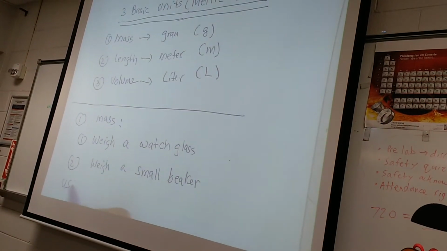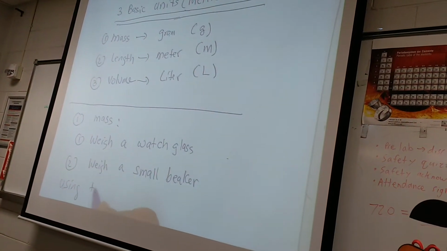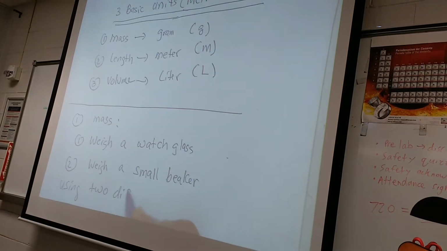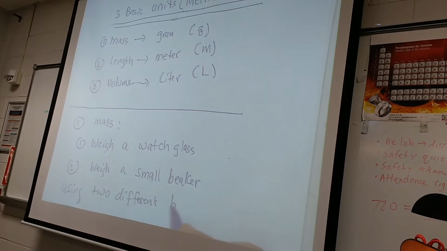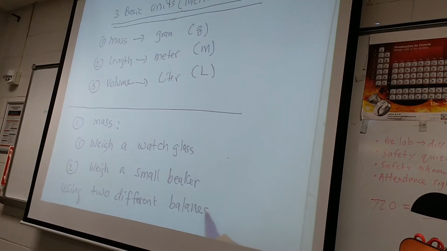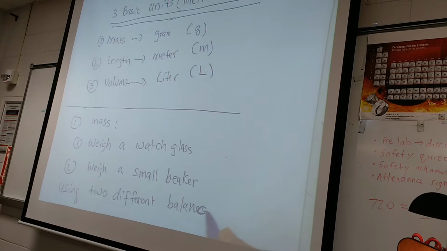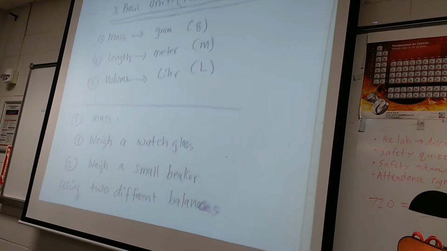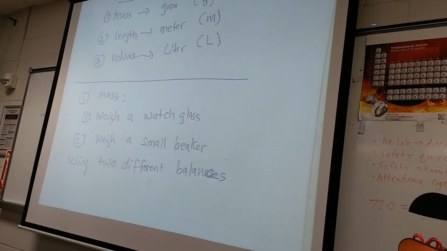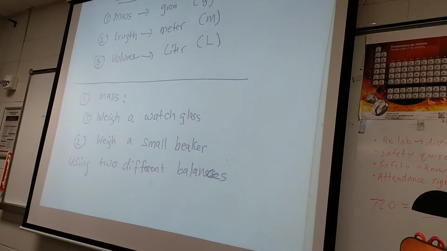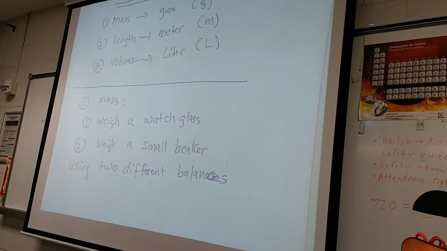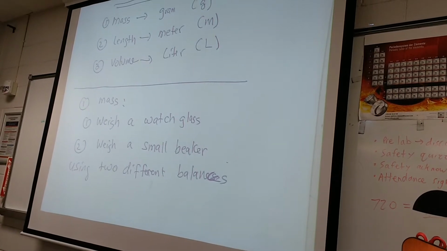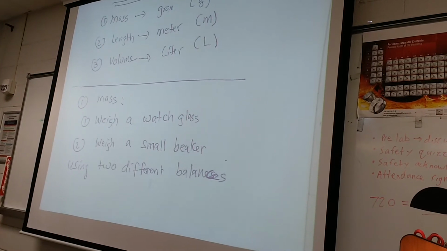Using two different balances. So we will have to weigh the mass of the watch glass. You get your watch glass from your drawer, and weigh it in two balances.